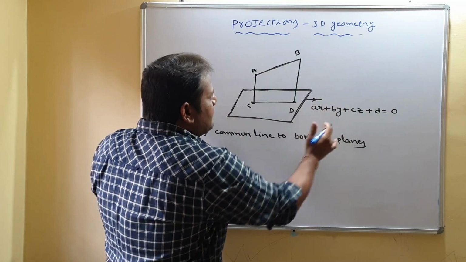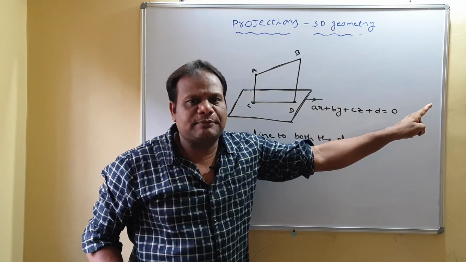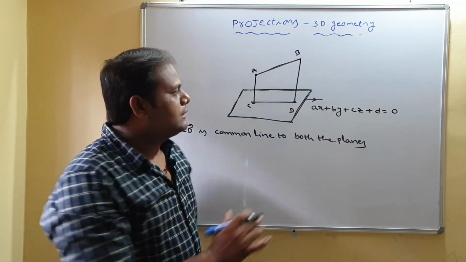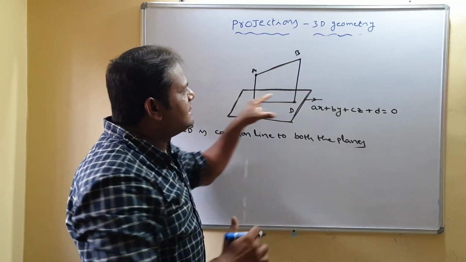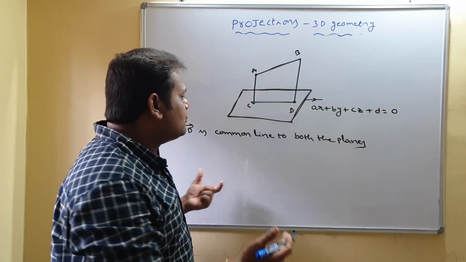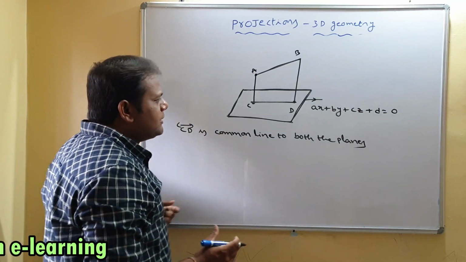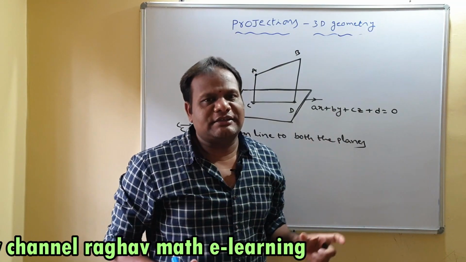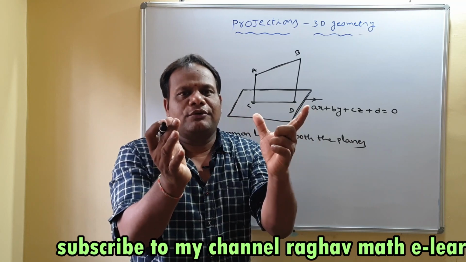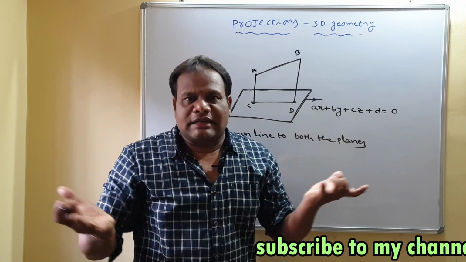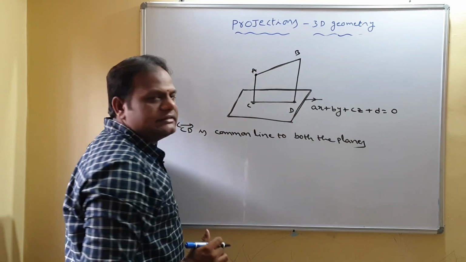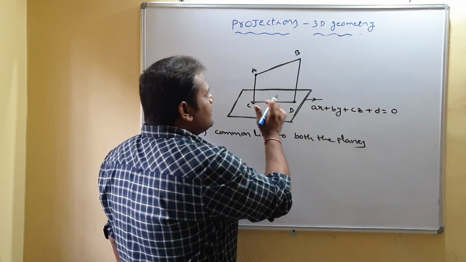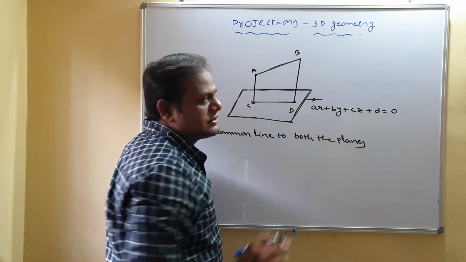One is the given plane ax plus by plus cz plus d equal to 0, and the second is the plane ABCD. By taking those two plane equations together, we can get the common line, and that common line is the required line CD. See here how to get this plane equation.